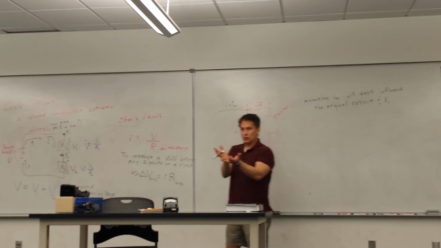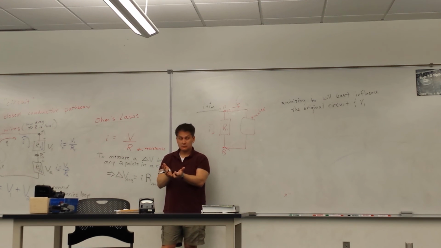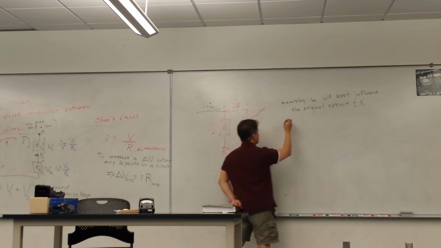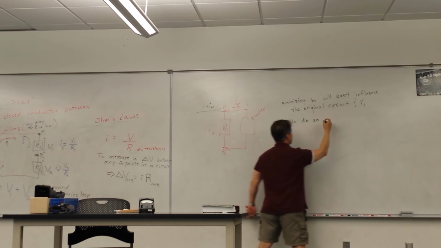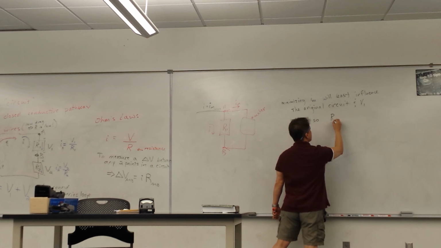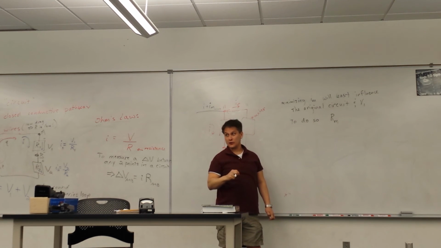Everything's an equilibrium flow process, so that's why you have to be worried about this. To do so, the resistance of the meter itself, we want to make it large.